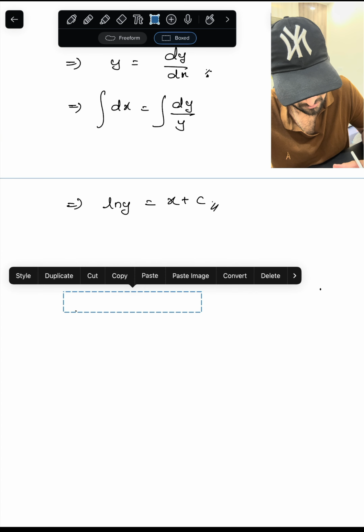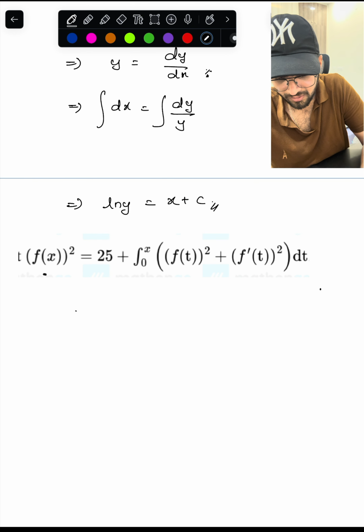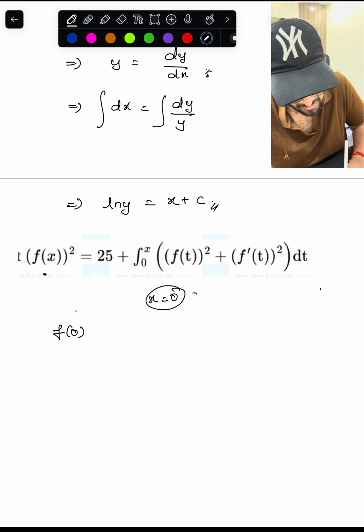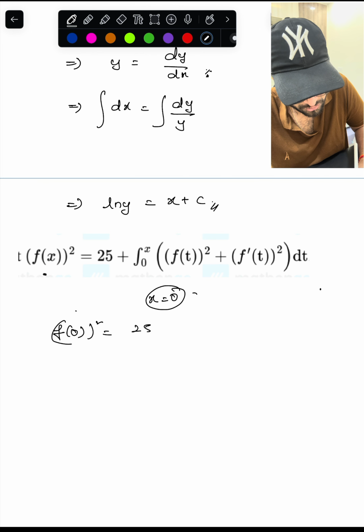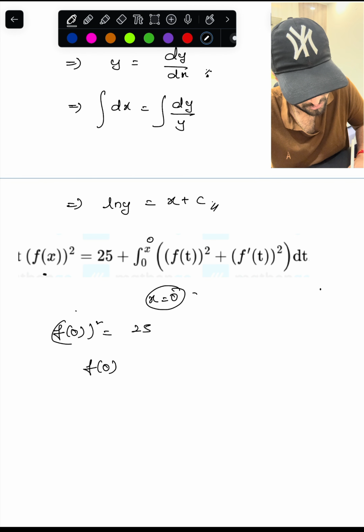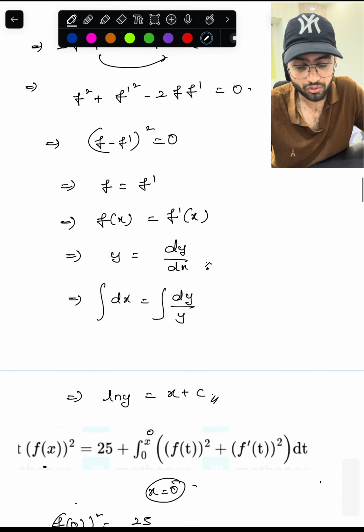If you observe this equation, I will put x equals to 0. Now what I get is f of 0 whole square equals to 25, and the integral will be 0. So f of 0 can be plus or minus 5, but which one to take, we don't have any idea.